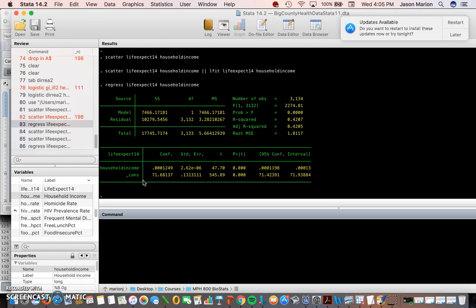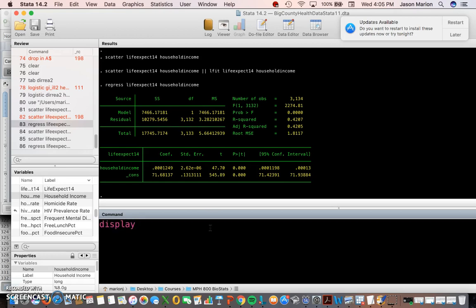The y variable is our life expectancy. m is the slope of the line, which is our coefficient here, and this will all make sense later on in the class. And b, the beta, is our actual y-intercept, where the line would cross. So remember, y equals mx plus b.